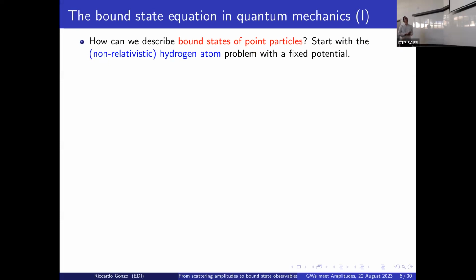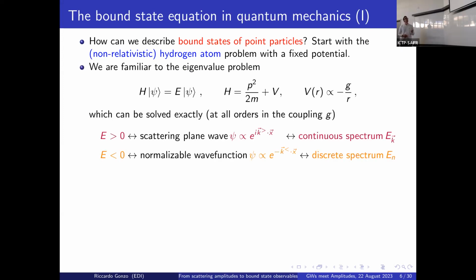All right, so I will start with something very, very simple. How can we describe bound states of point particles? One really naive thing is to start with the relativistic hydrogen atom. Everyone here, I think, knows how to solve it. We can solve it for both positive and negative energies, so this is an interesting playground. You can have a continuous spectrum, with confluent hypergeometric functions describing the scattering of this point particle in this one over r potential, or you can have normalizable wave functions, something like Laguerre polynomials, to describe your bound state.